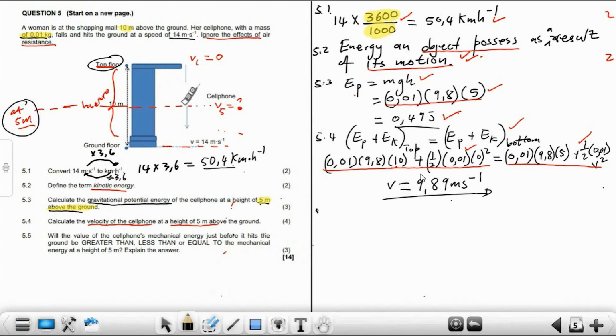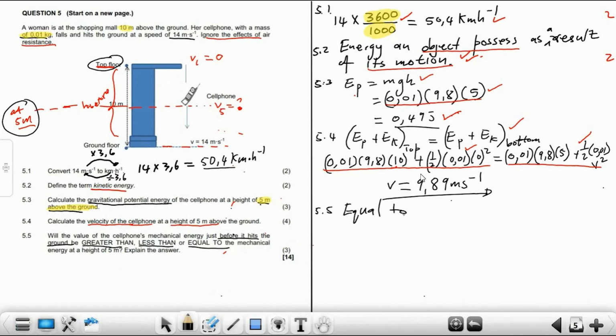So let's look at 5.5 quickly. Will the value of the cell phone's mechanical energy just before it hits the ground be greater than, less than, or equal to? This one, the answer is straightforward. The answer should be equal to.